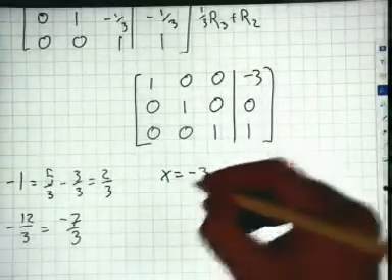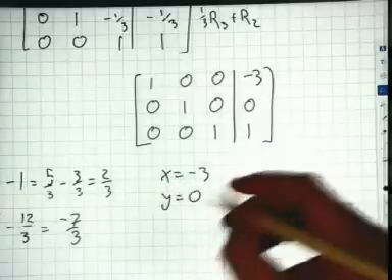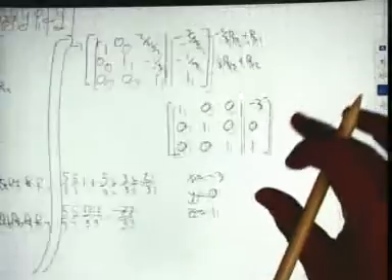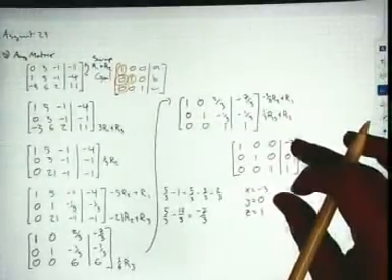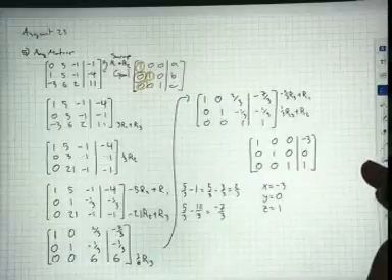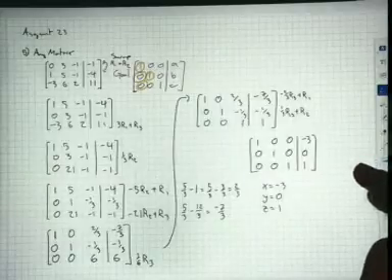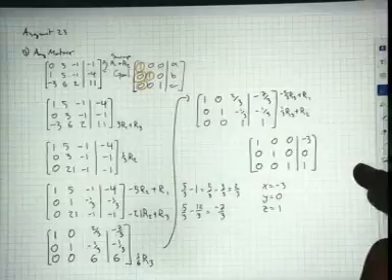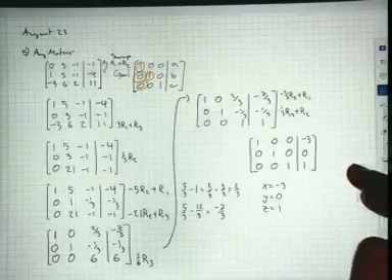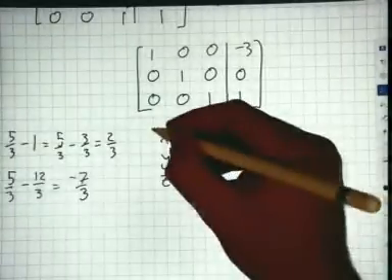That x is equal to negative 3, y is equal to 0, and z is equal to 1. I think that does it for us. Is that the answer and the enter key? Yeah.